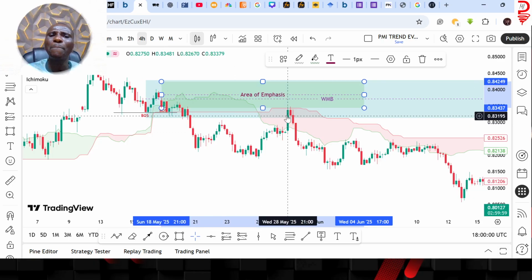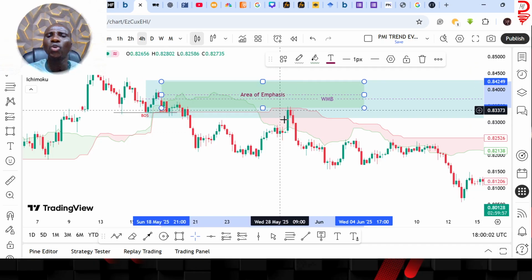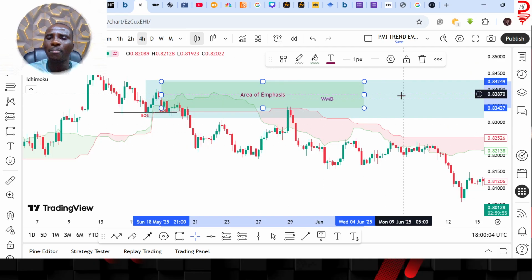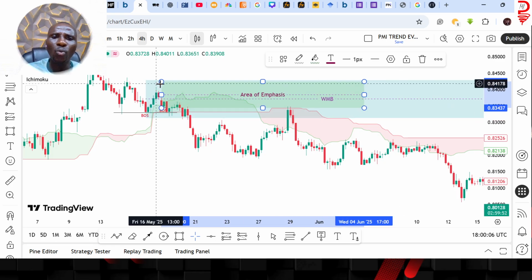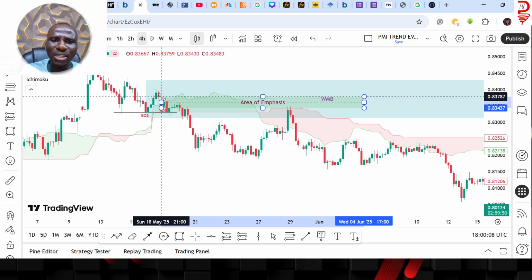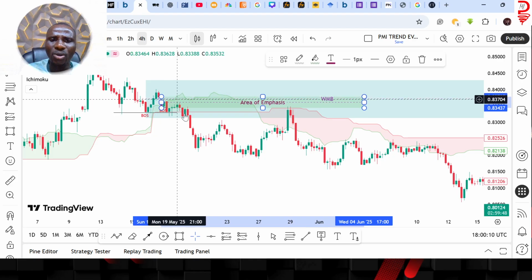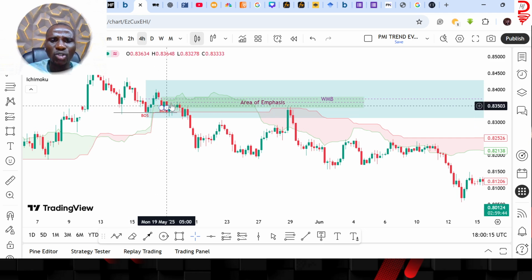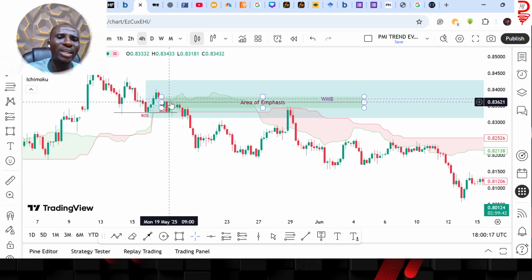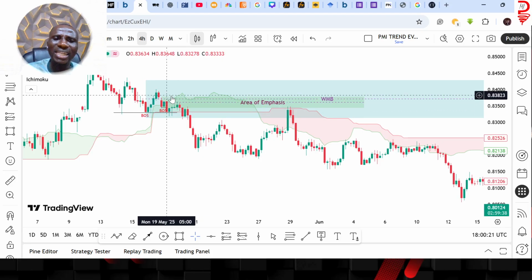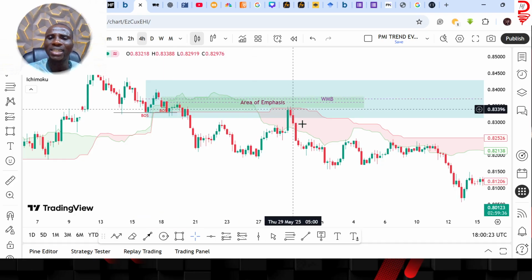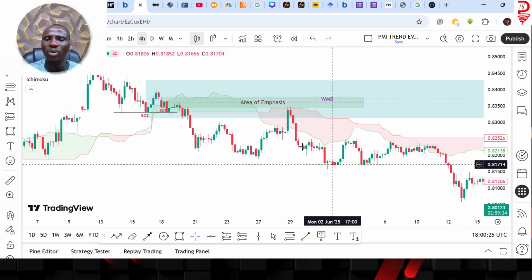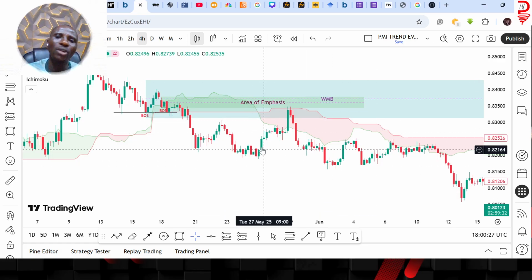So if the market breaks below it and closes, you know that this particular money box is not going to hold. What makes the area of emphasis different is that at this origin that created a break of structure, we expect a lot of orders to be here. So if the orders here could not send the market down to create the impulsive wave that we are looking for, it means this money box might not be valid.